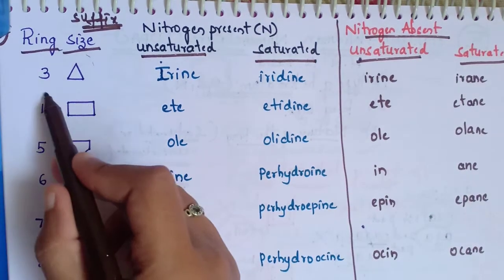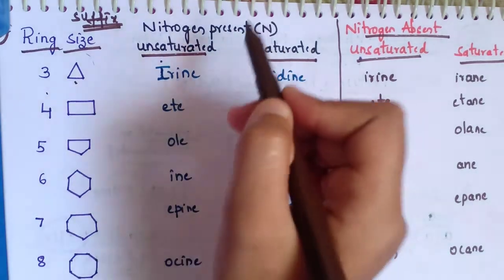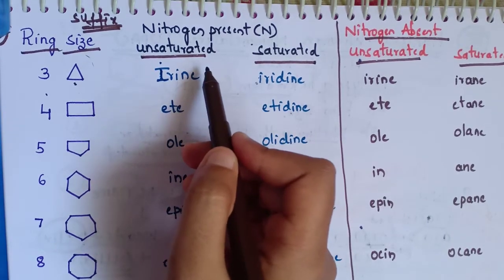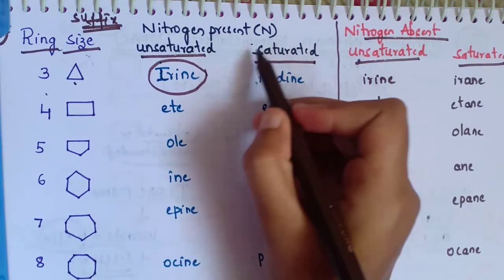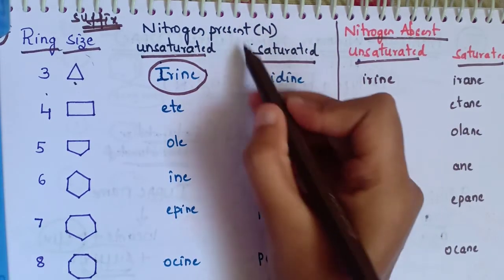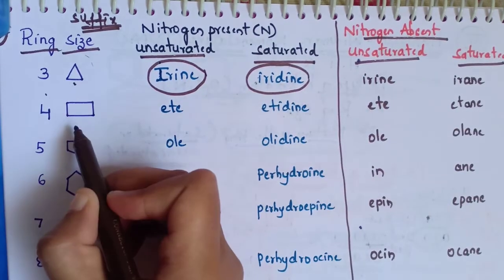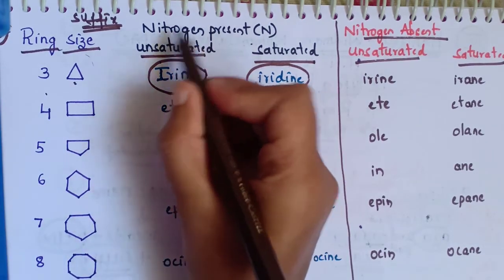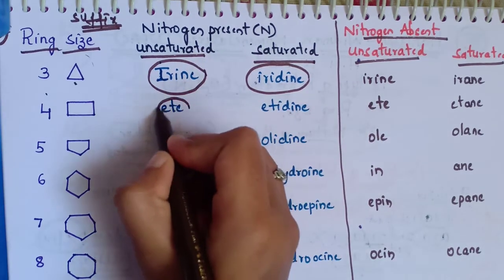For the 3-membered ring, if nitrogen is present and it is unsaturated, meaning it contains double or triple bonds, it is called irene. If nitrogen is present and it is saturated, it is called iridine. For the 4-membered ring, if nitrogen is present with an unsaturated compound, it is ete.